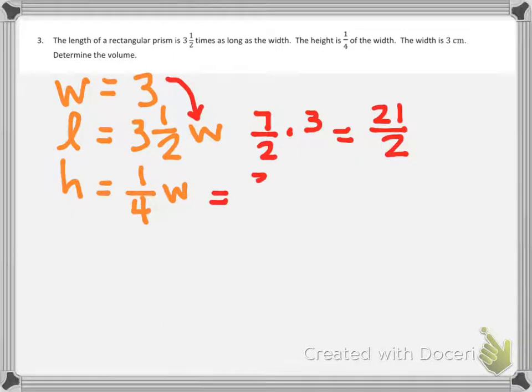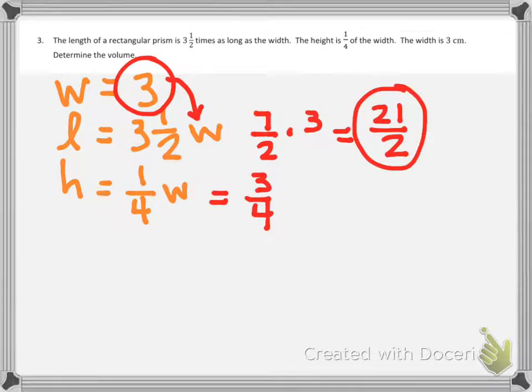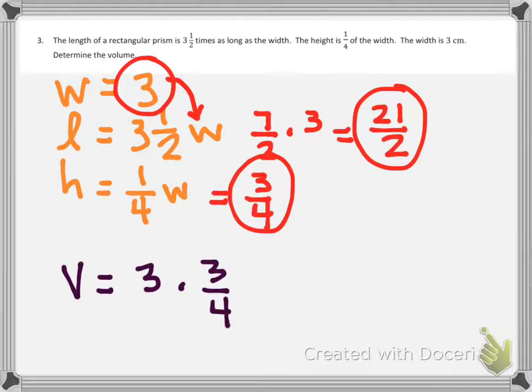Now I have the width is 3, the length is 21 halves, and the height is 3/4. And I can multiply all of those to get the volume. So let's do that. Volume is equal to 3 times 3/4 times 21 halves.